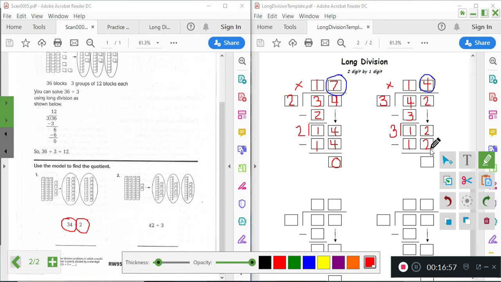All right, am I done? That's right. I still have to sister subtract. 12 minus 12 is 0. I've reached a 0, which means I no longer need to brother bring down or Rover repeat. Excellent work.